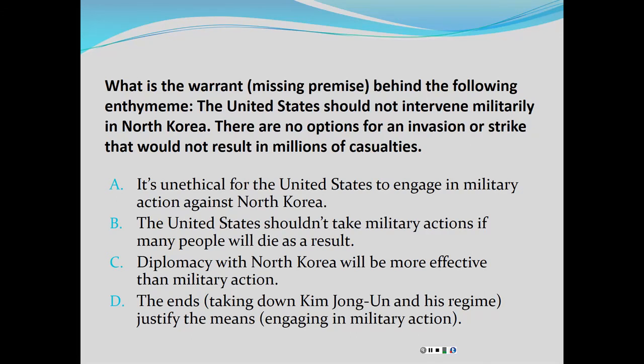I recognize this is challenging. I hope that you'll all practice with it a little bit more over the next couple weeks.